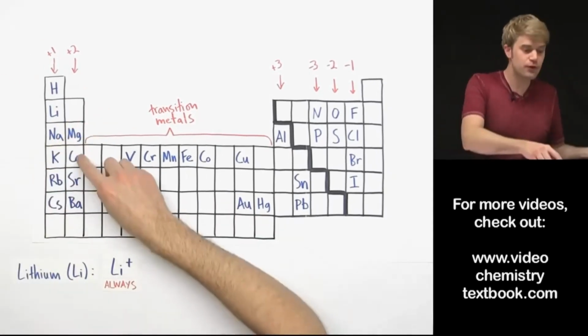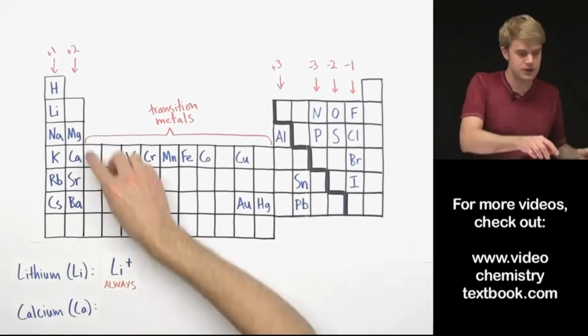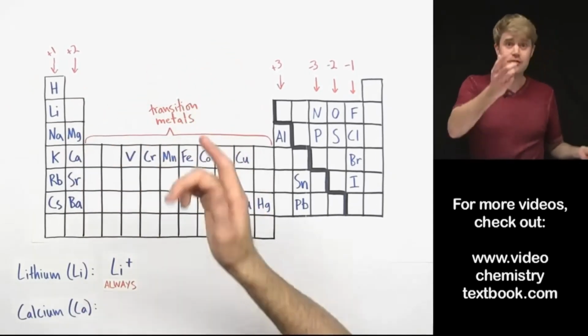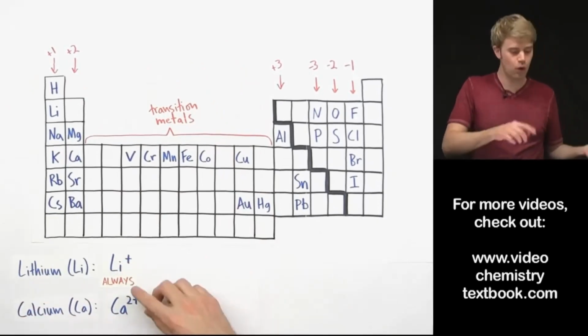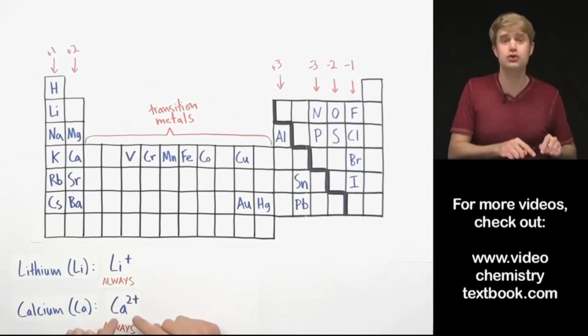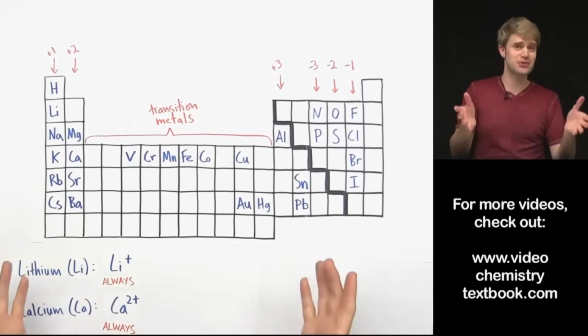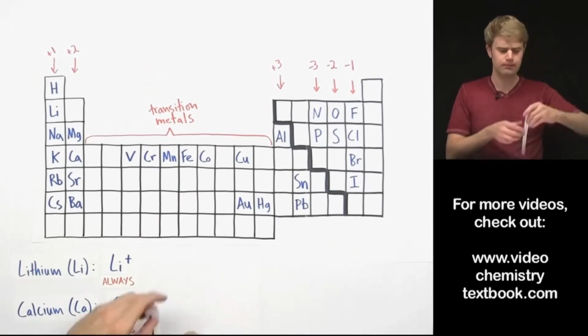Now, the same is true for calcium. Calcium is in this column here. So when calcium makes an ion, that ion will be Ca2+, and calcium will always make ions that are 2+. Every single calcium ion, for the most part, will be Ca2+.